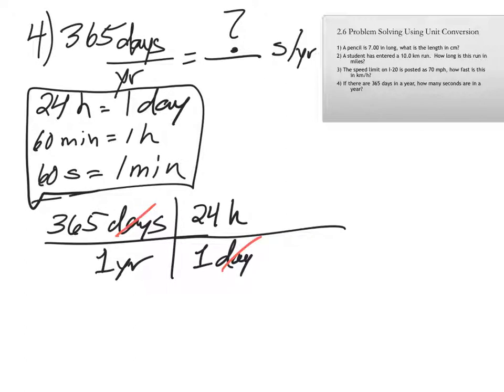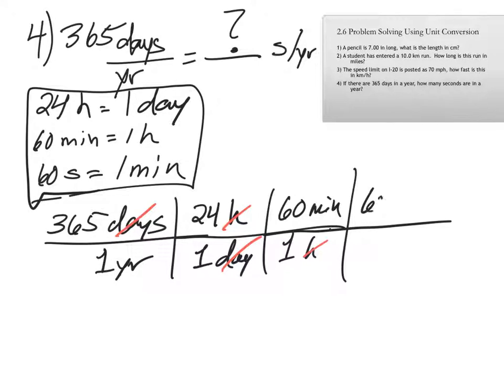Days cancel out. Then we need to use the next one. There are 60 minutes in 1 hour. Hours cancel out. And then finally, there are 60 seconds in 1 minute. And your minutes cancel out.